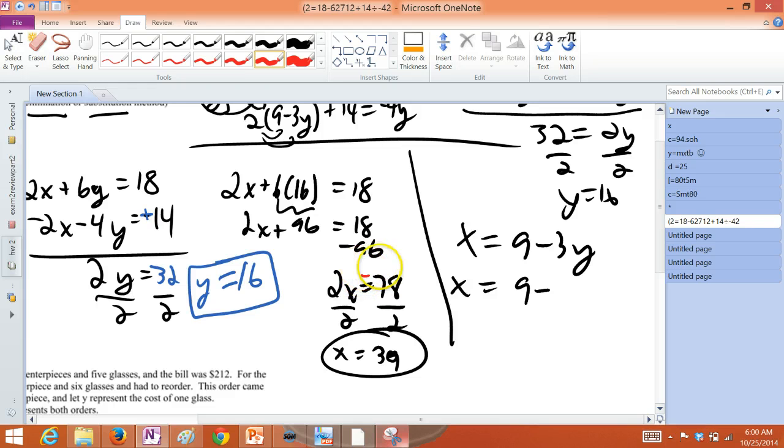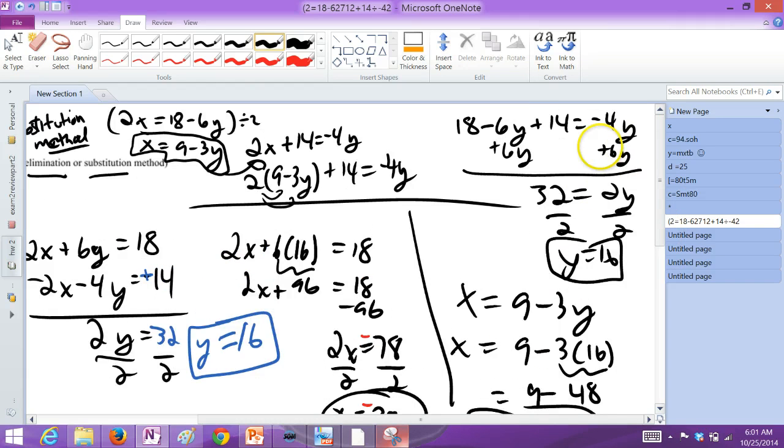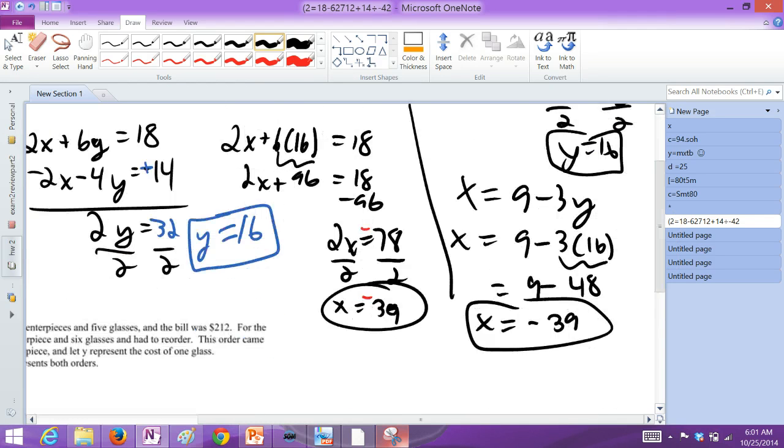Wow, that's a negative 78. So a negative 39. Jeez, mistakes galore. Plug a 16 in here, and 3 times 16 is 48, but 9 minus 48 is your negative 39. Wow. Substitution might have been the best way to go. So many mistakes. Anyway, there's that question.